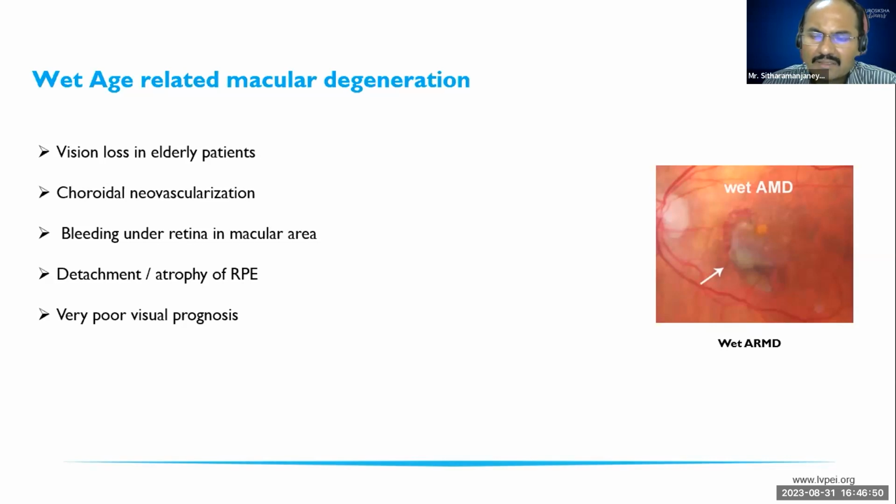These blood vessels cause hemorrhage in the macular area, which might damage the retinal pigment epithelium in the macular area. So the patient will have sudden loss of vision. In this condition, even if we give treatment, the prognosis would be poor.